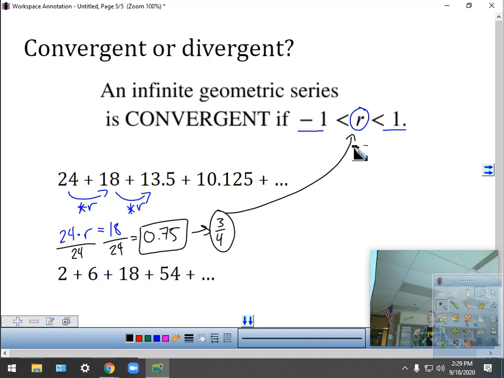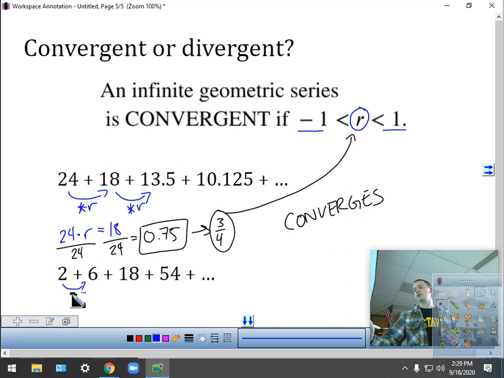Yeah, 3/4 is between -1 and 1. So this series converges. I'm going to tell you what it converges to later, but it does converge. It goes to a value. Eventually you get an answer out when you start evaluating that infinite series.